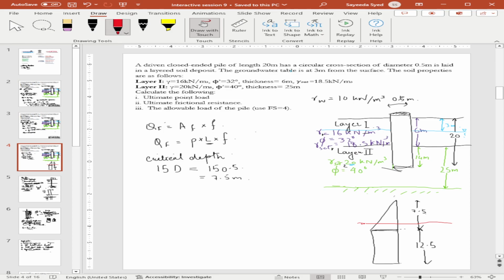Okay, so let us calculate K. We will have a different K for this layer and a different K for this layer because they are different. So K1 will be 1 minus sine phi 1.